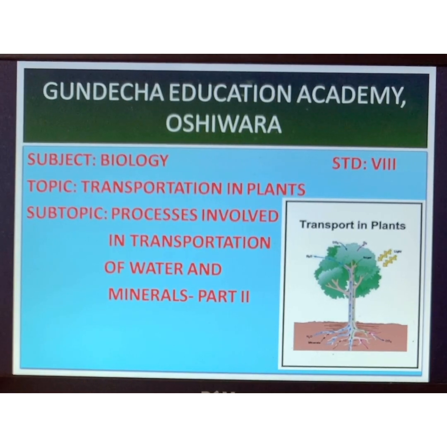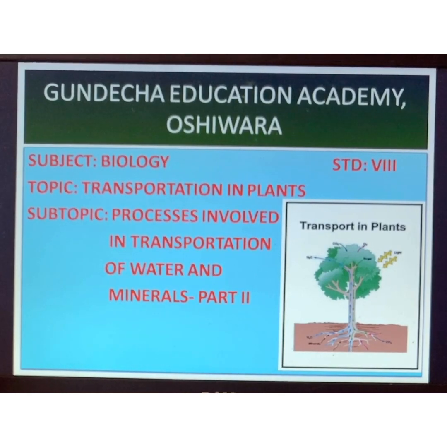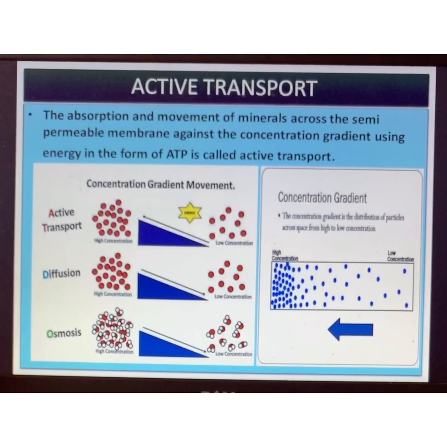So this is the third process which helps the plant transport its water and transport the food across the plant body. Active transport. Now, as I had mentioned earlier, in both the processes that we have studied already, that was diffusion and osmosis, the movement is along the concentration gradient.